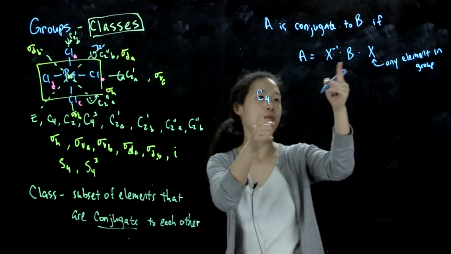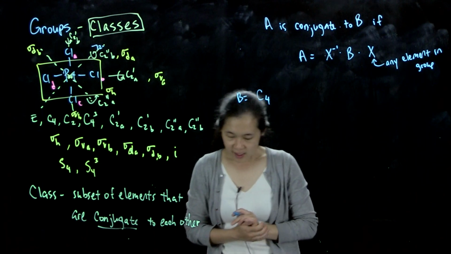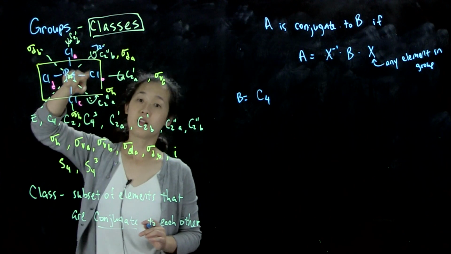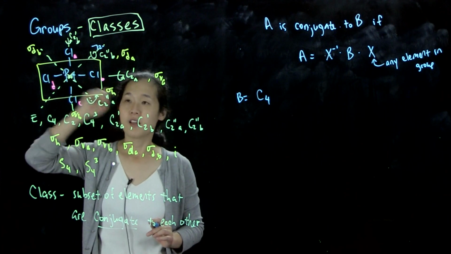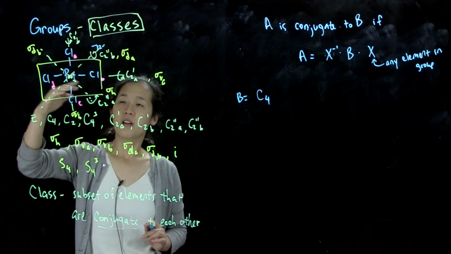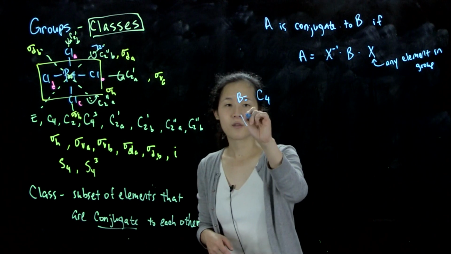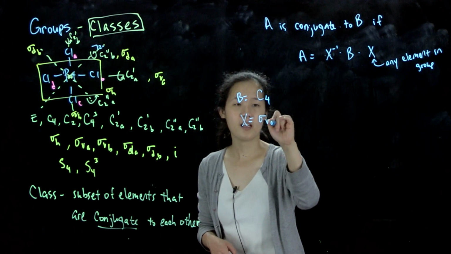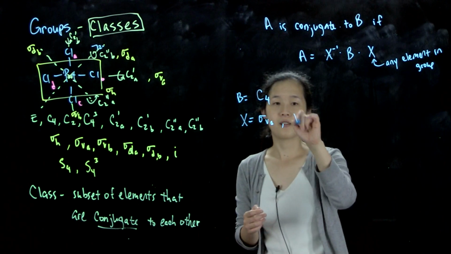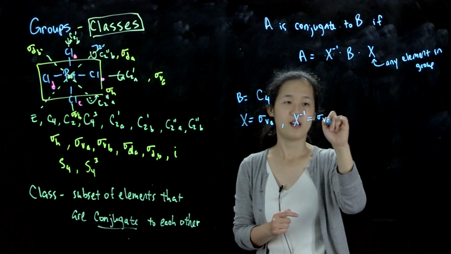So let's say that B equals C4. And let's just try taking, so C4 is, let's say we're going clockwise down this axis. And then let's say we do, for example, sigma VA on it. So let's say x equals sigma VA, which means that, since the mirror plane reciprocal is also the same mirror plane, the reciprocal of x is going to be sigma VA as well.